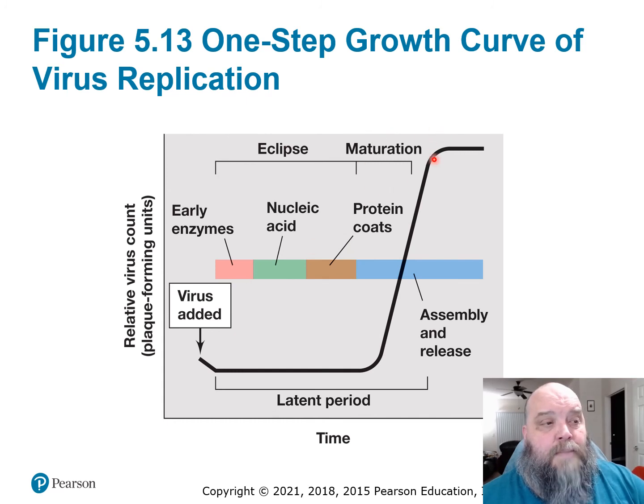Then you move into the maturation phase. You now have enough genome, you now have enough capsomeres forming capsid so that you can start assembly and release. Now, if this is a naked virus, it's going to just burst the cell and everybody gets released all at once. If it's an enveloped virus, as this maturation occurs, you're going to see these viruses exiting out slowly.